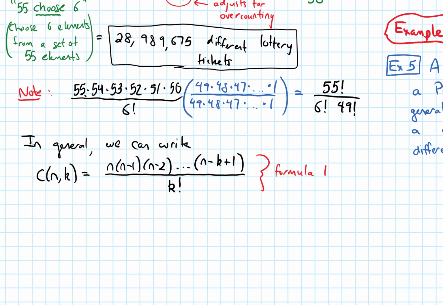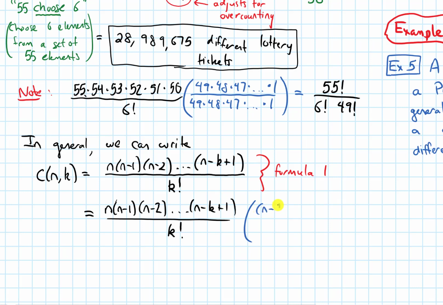We're now going to get another formula. I'm going to write down the same thing that we just had: n times n minus 1 times n minus 2, up until n minus k plus 1, over k factorial. And just like we did in the example above, I'm going to multiply the top and the bottom by something to complete the factorial on the top. If I subtract 1 from this last term, n minus k plus 1, I get n minus k.